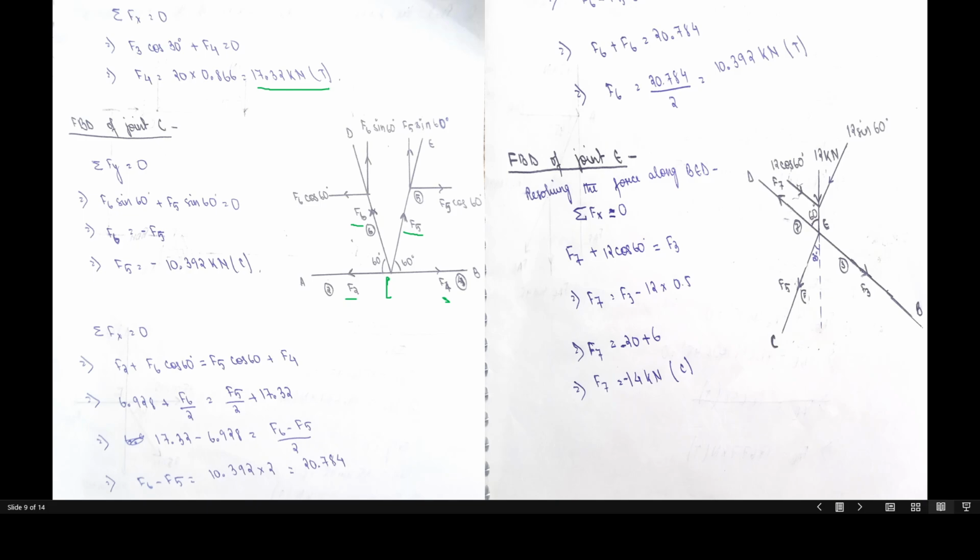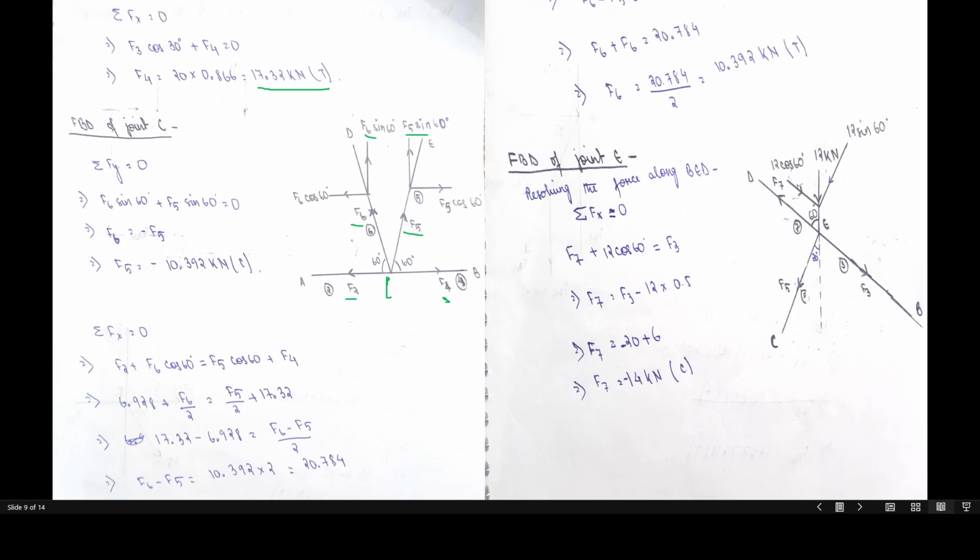And here F6 and F5 are two inclined forces, inclined at 60 degrees. So we'll simply resolve them into X and Y components. And we'll solve for vertical forces.